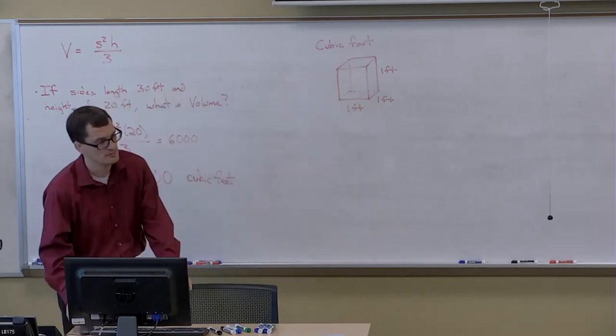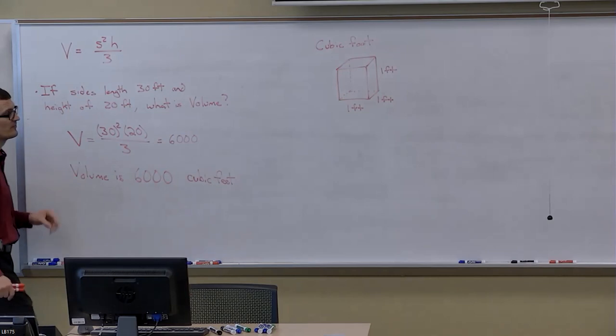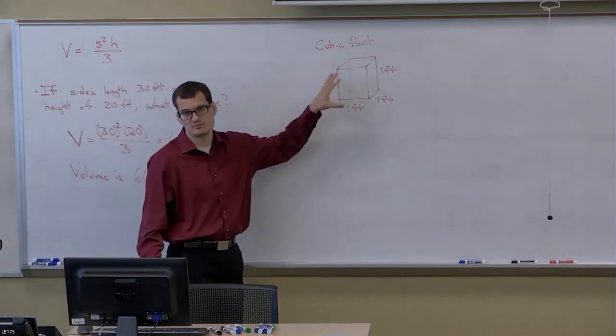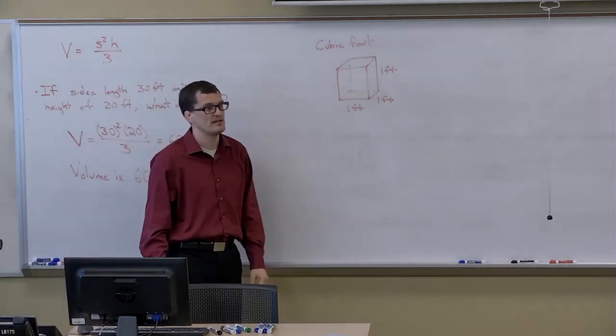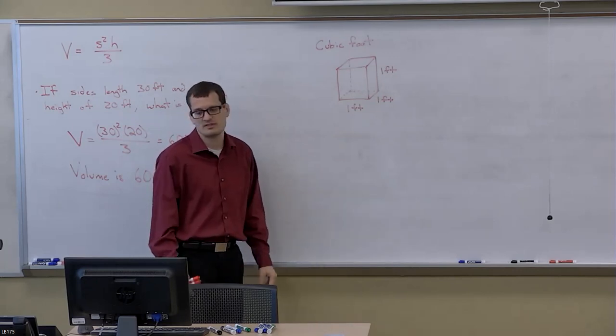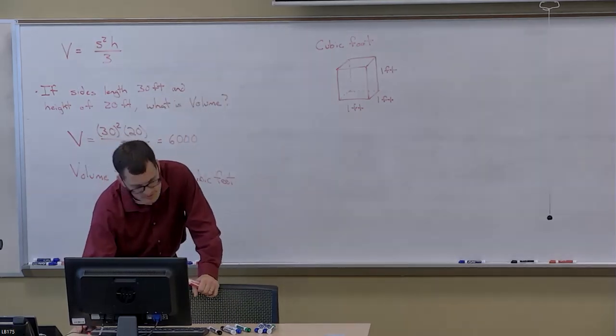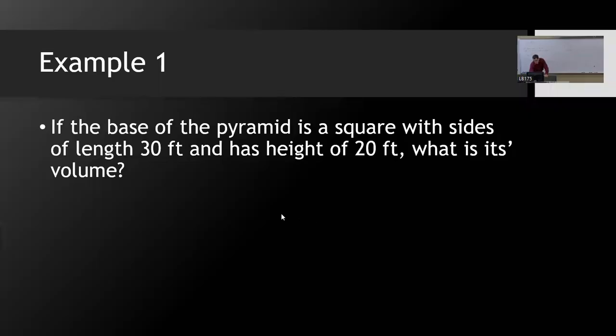That's what it means to be a cubic foot. So it says 6,000 cubic feet. It means 6,000 of those blocks would fit inside the pyramid if you cut them up and reorganize them. It doesn't necessarily mean it's a block shape, but if you cut them up and reorganize them, that's what you get.